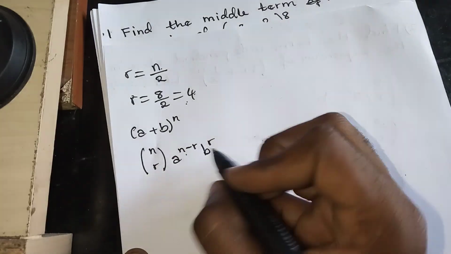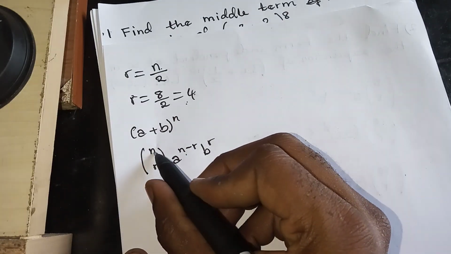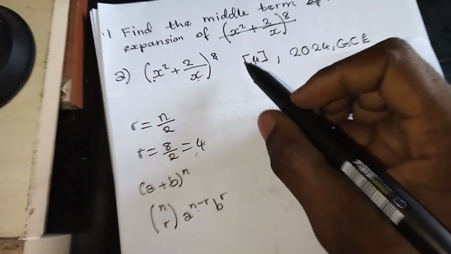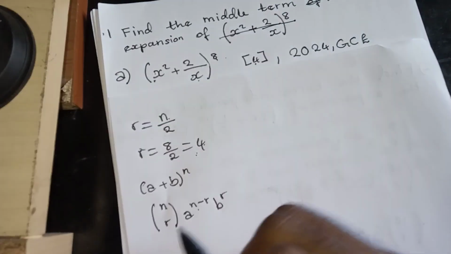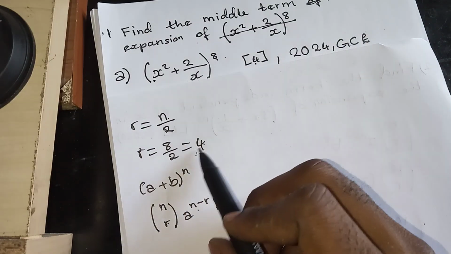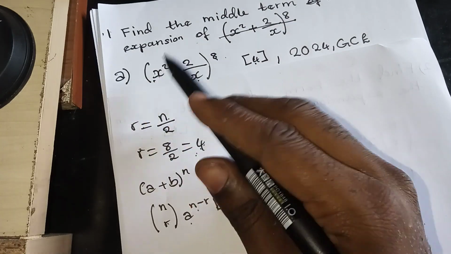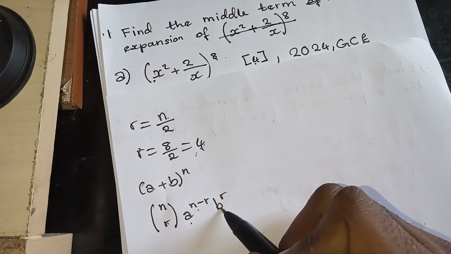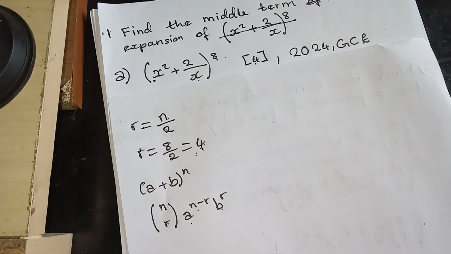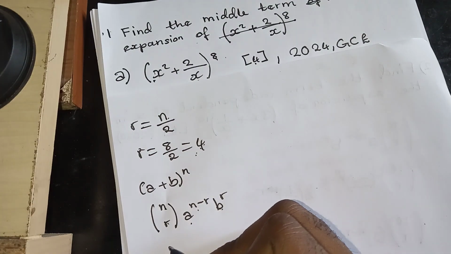So our n here is 8, and then our r is 4, our a is x squared, then our b is 2 over x.